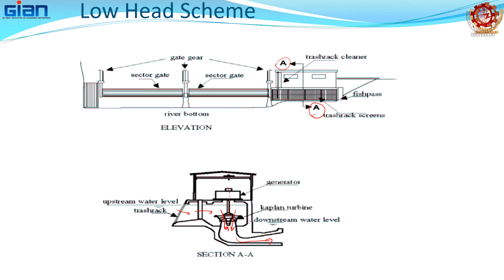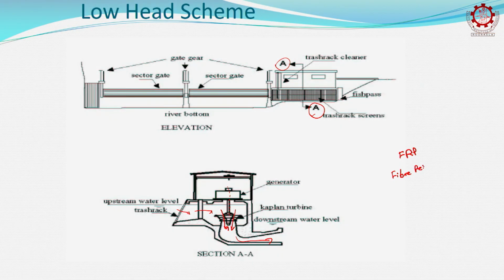You do not have to have expensive steel penstocks, you can have an FRP pipe, fiber reinforced plastic pipe, right. So, they are available now commercially for hydropower development. They are fabricated in many parts of the world, especially in Europe, and they are economical compared to steel penstocks. They are much more economical.